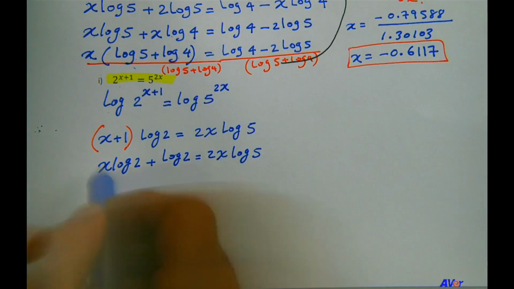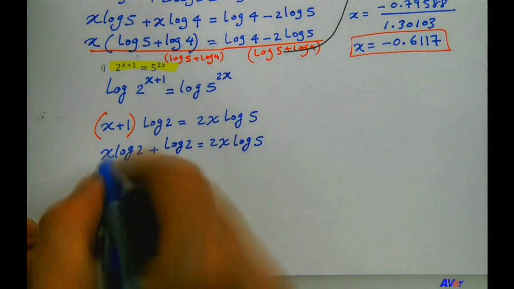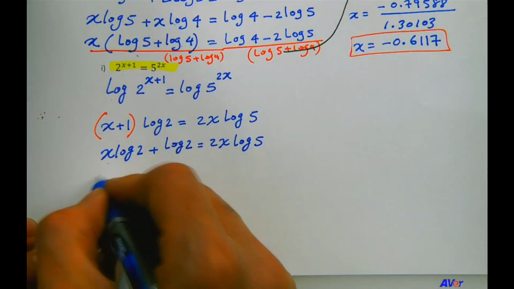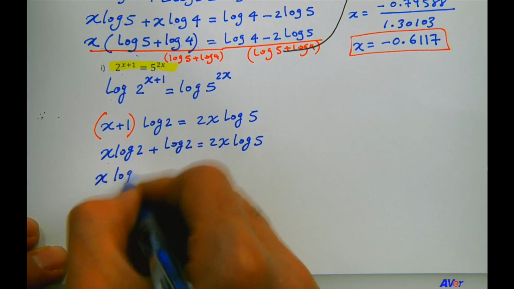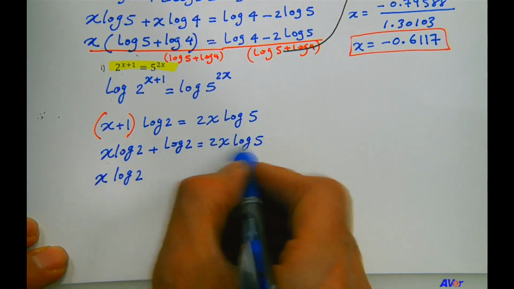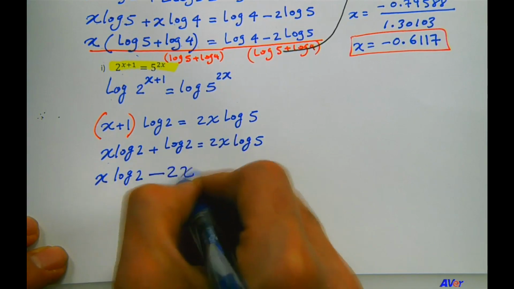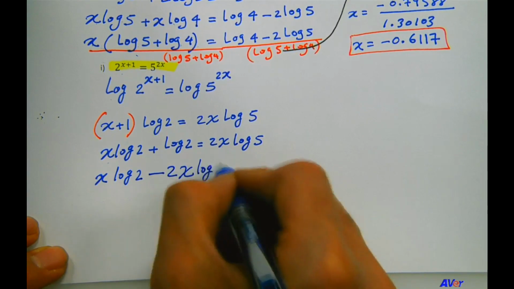They can't be on opposite sides of the equation. I want to isolate x, so I need to bring this term to the left, so x log of 2. This whole term was positive on the right. When I move it to the left, it becomes minus 2x log of 5.